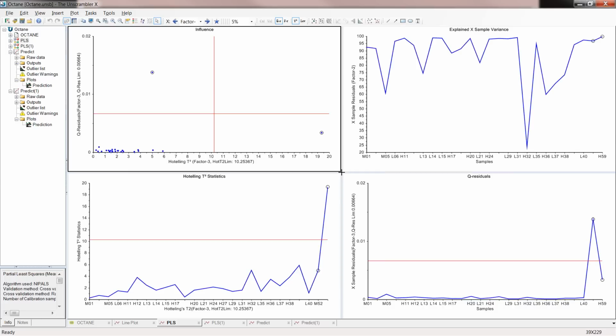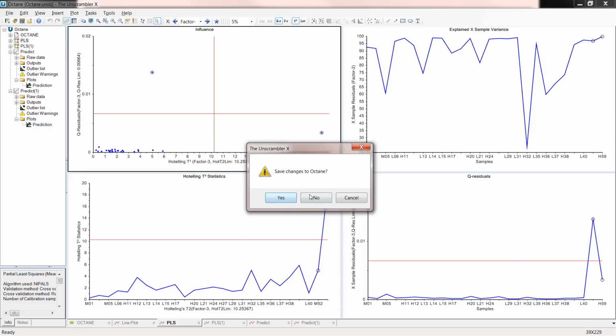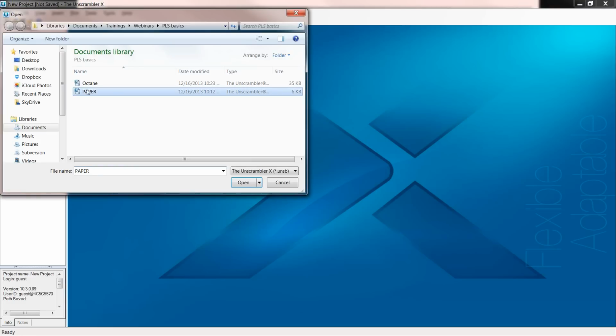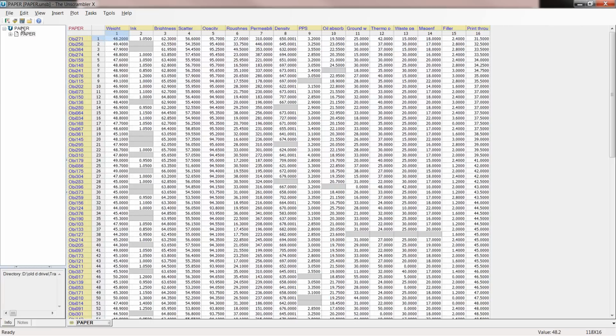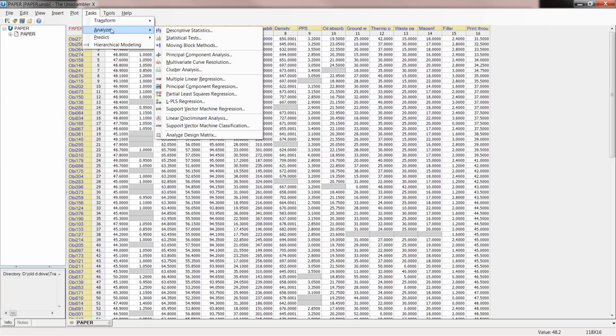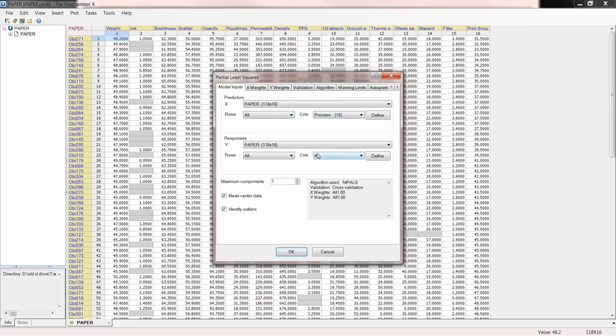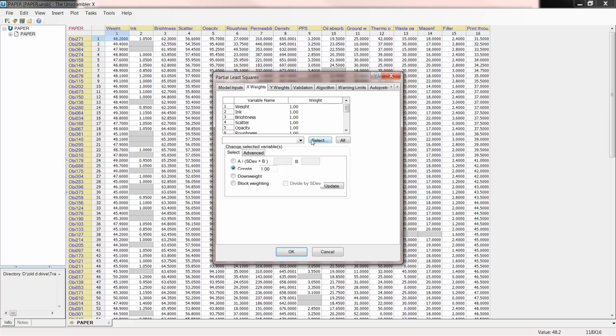Okay, can you explain again the factor reduction in the paper example? Yes. I'll go through that real quickly. To remember to weight my data.